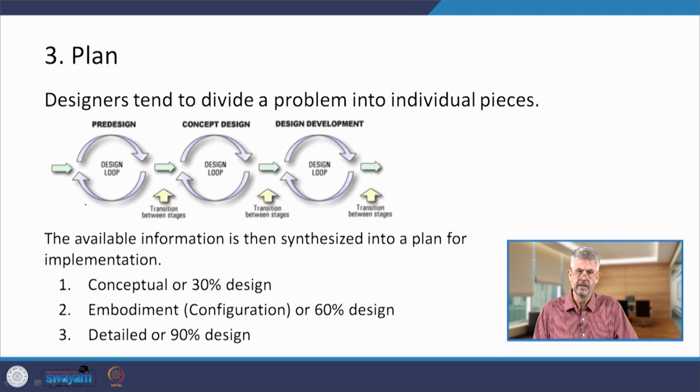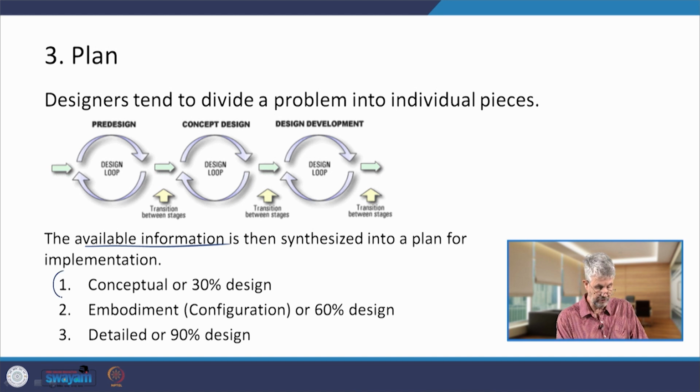All right. So after brainstorming follows planning. Designers and engineers tend to divide a problem into individual pieces and then test these pieces at different steps. So the available information is synthesized into a plan for implementation.